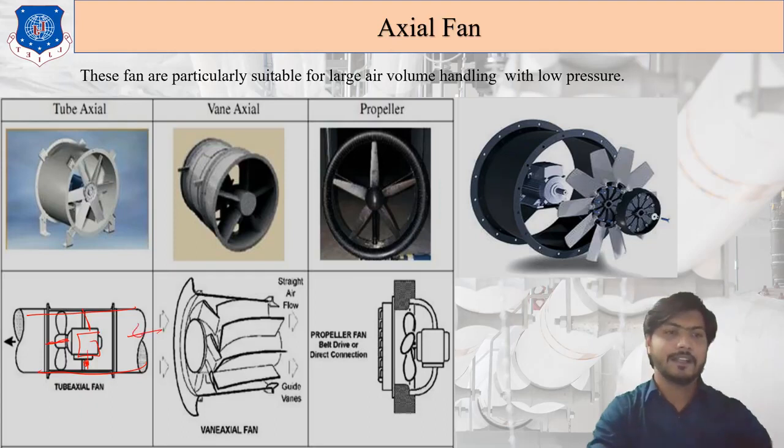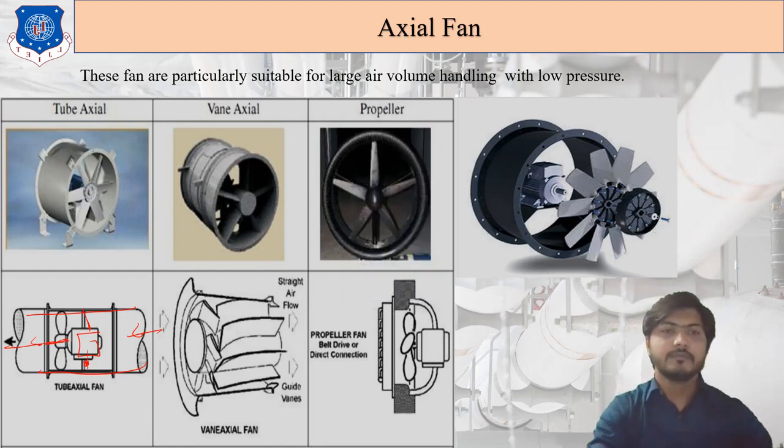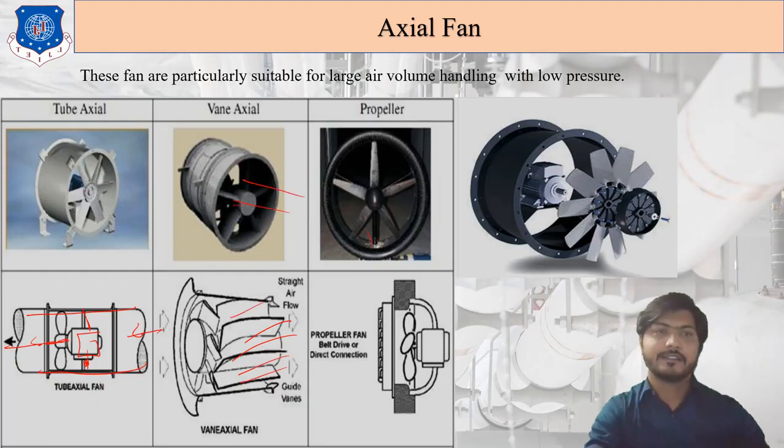In the vane axial fan, the curved blades are at a particular angle and fitted in the cylinder. The propeller fan is similar to the vane axial, but it is mounted on the shaft and supported by the cylinder.